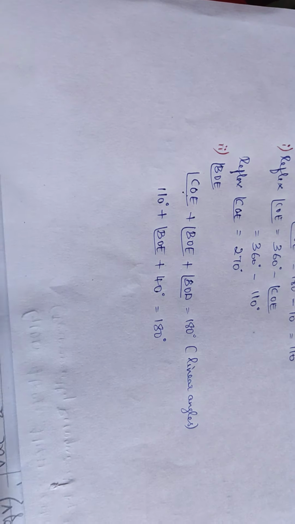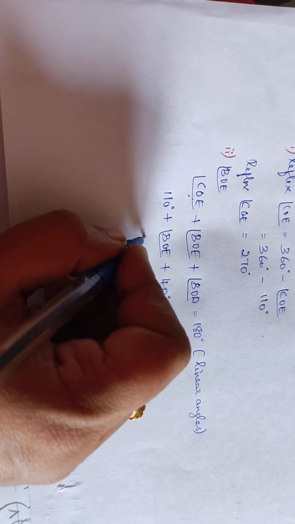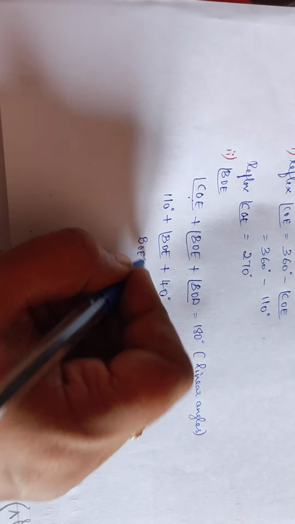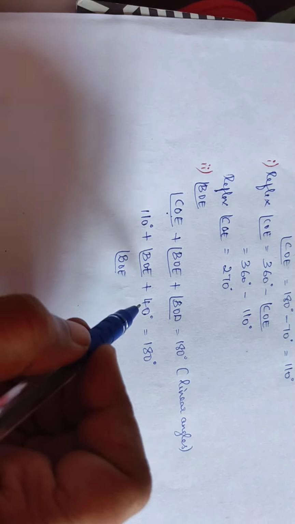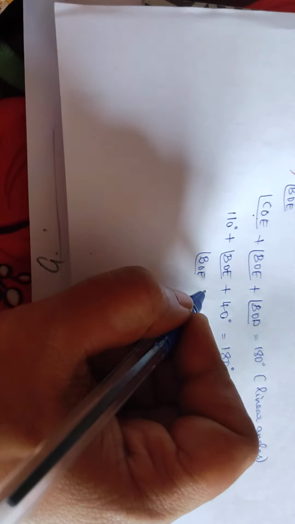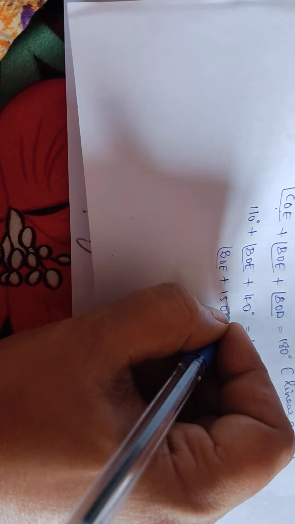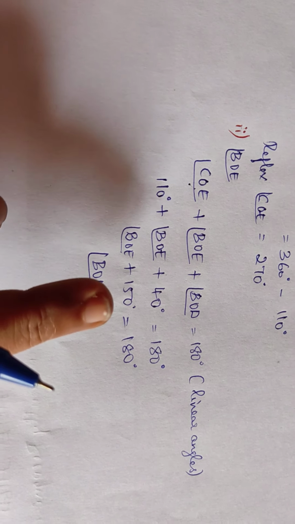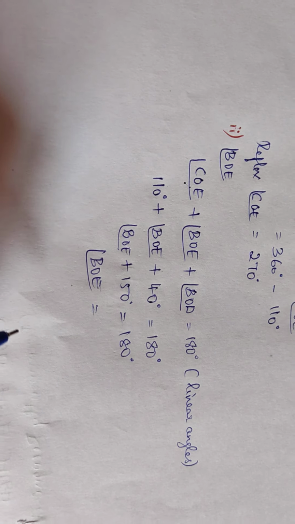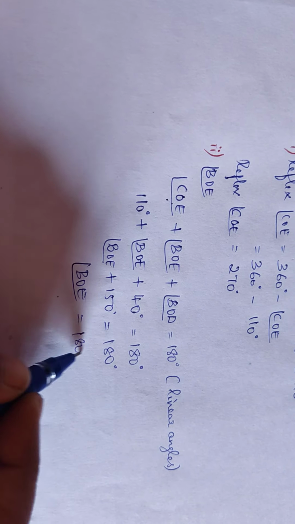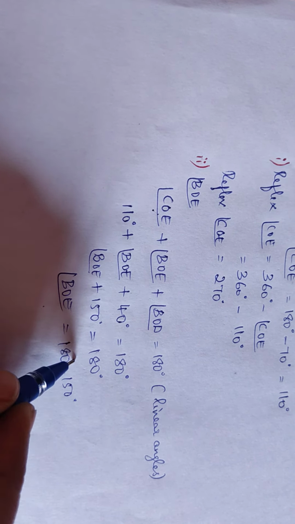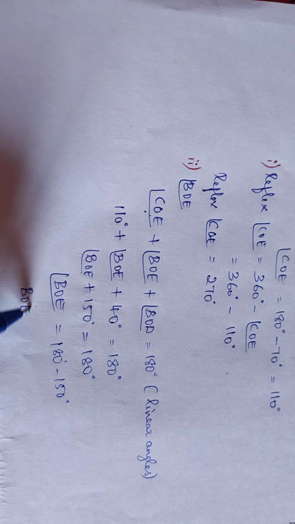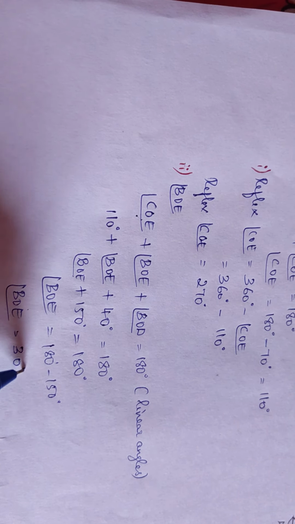So this BOE will be equal to, let us do it step by step, 110 plus 40 will give us 150 degrees. BOE will be equal to 180 minus 150 degrees. So we get angle BOE as 30 degrees.